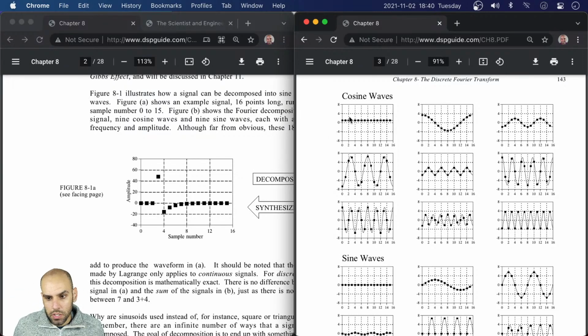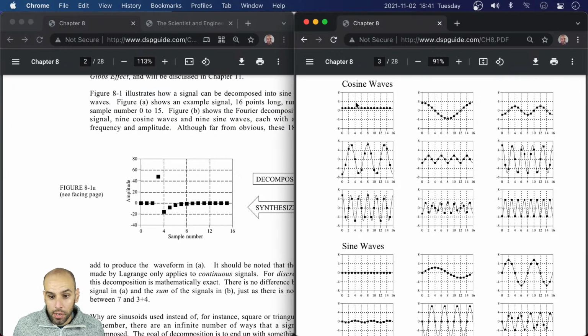What we are going to do is, for each one of these waves, each one of these components, one of the frequencies in the signal, we are going to check how much of this frequency exists in this signal. You can think of this as the strings on a guitar, except that we have more strings, so maybe a harp.